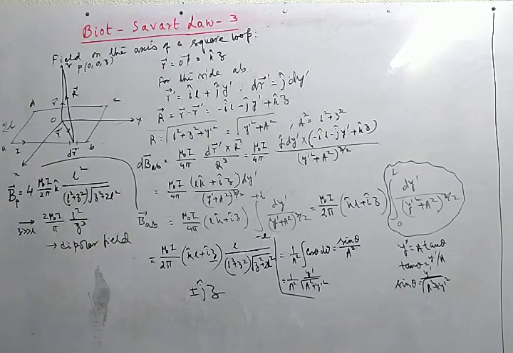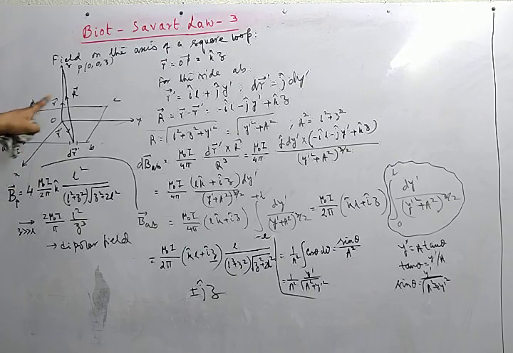And we shall see later on, if we consider a point far away from this closed current carrying loop, then it behaves as a magnetic dipole whose dipole moment is the circulating current times the area.